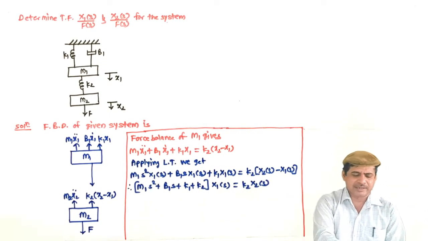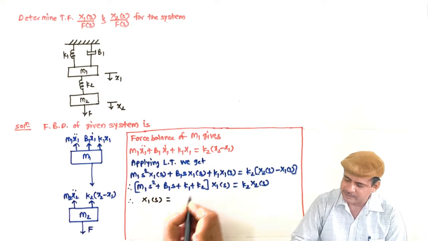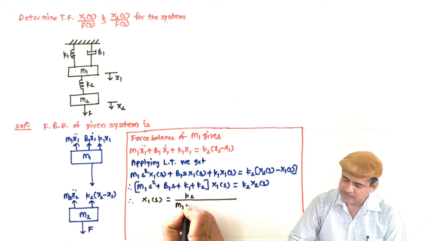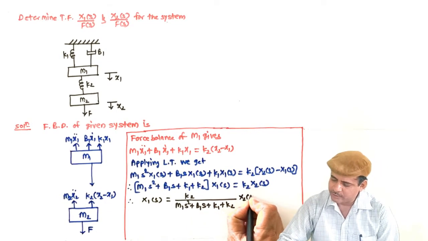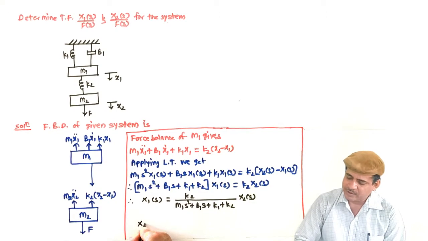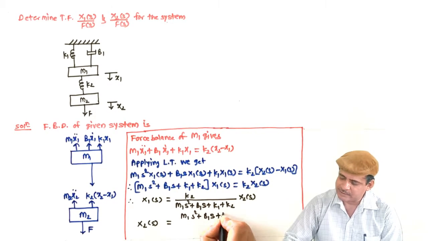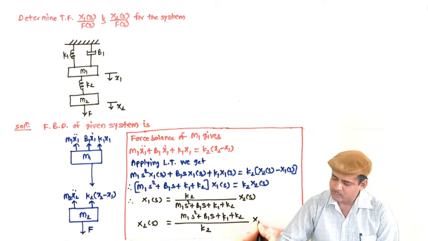And let us immediately get the relations. So x1 of s is equal to k2 upon m1 s square plus b1 s plus k1 plus k2 into x2 of s, and at the same time x2 of s is equal to m1 s square plus b1 s plus k1 plus k2 divided by k2 into x1 of s.